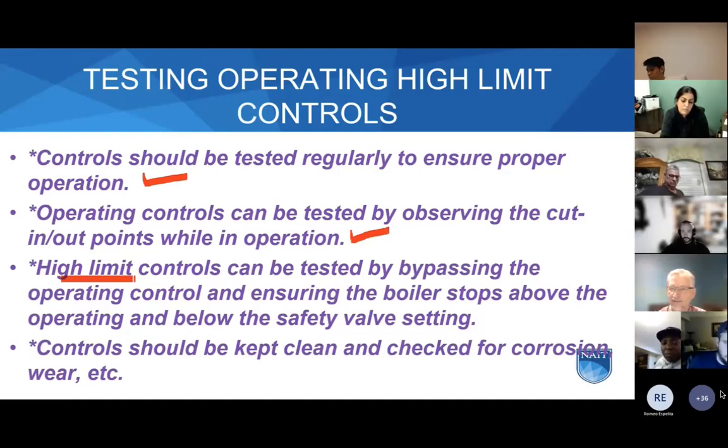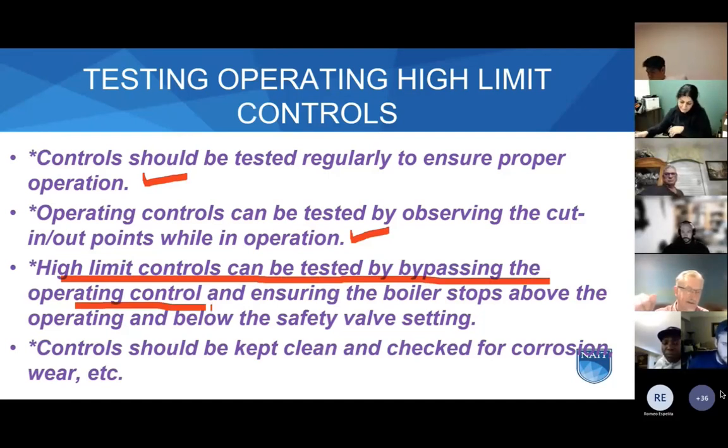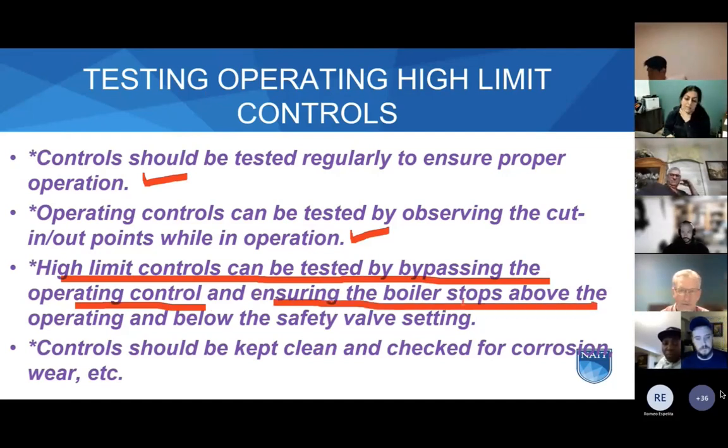High limit control can be tested. There will be some kind of bypass of the operating control. That could be a bypass button that you have to be standing there holding, or you will have electricians or instrument mechanics come and set up the conditions for a test. Ensure the boiler stops before.